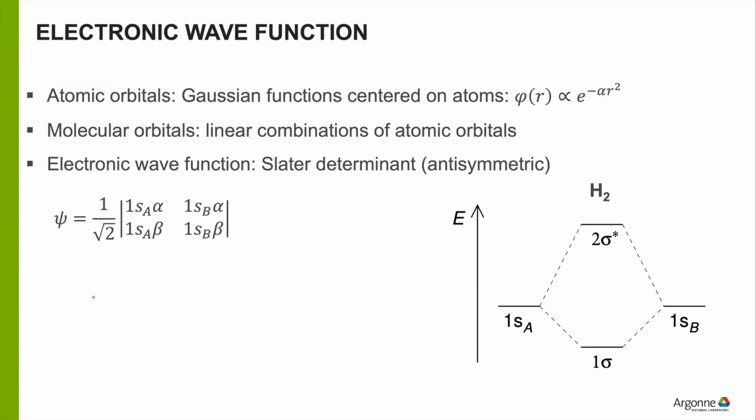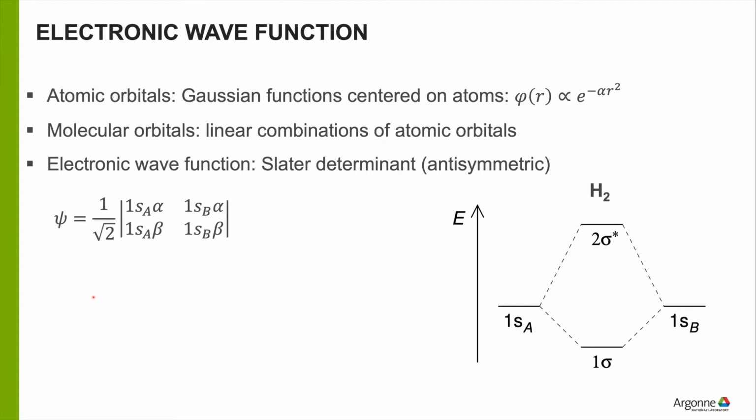And how do we represent the electronic wave function in our calculations? There are various ways to do that, but probably the most common and the one that I'll be talking about today is the one where the wave function is represented by Gaussian basis functions, where basically each atom has some number of Gaussian functions centered on atoms, and the so-called molecular orbitals are linear combinations of these atomic Gaussian basis functions.